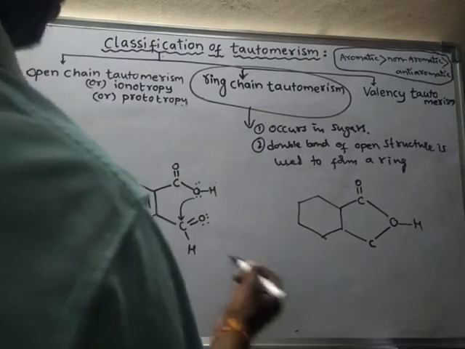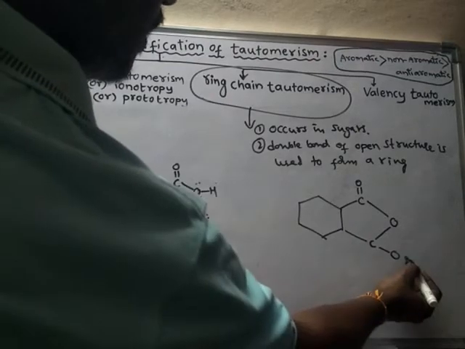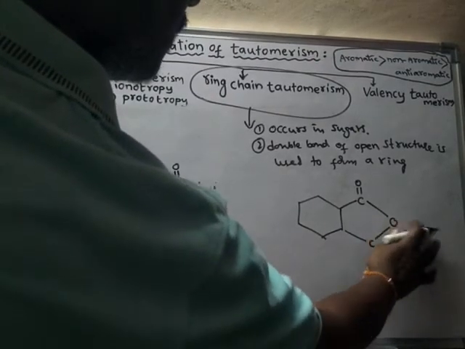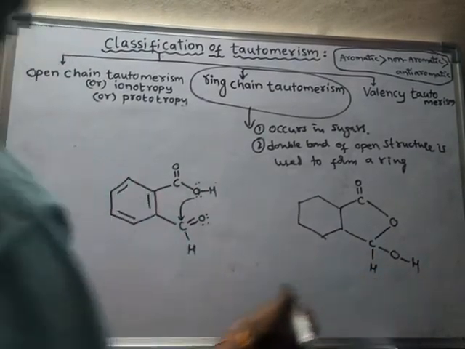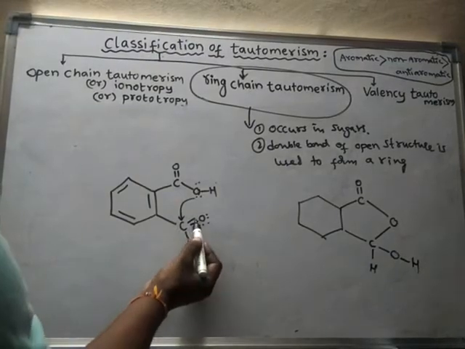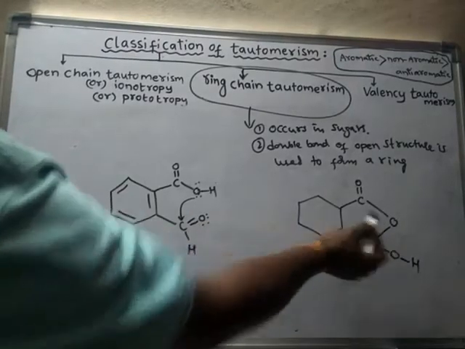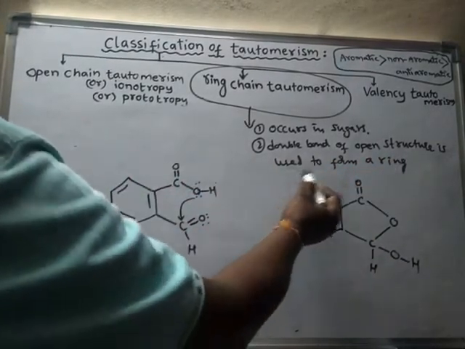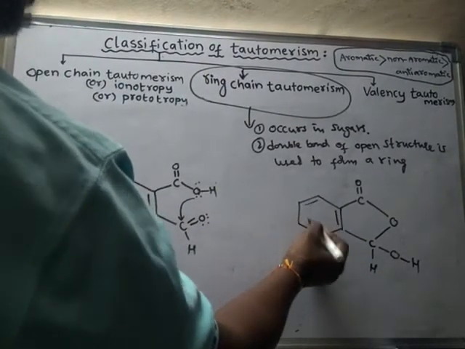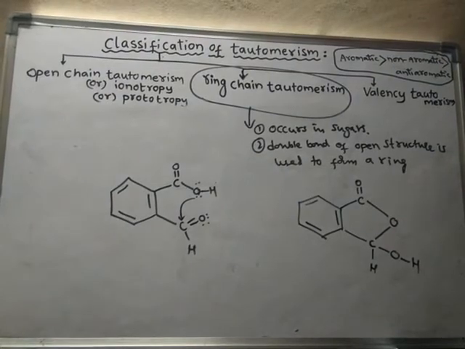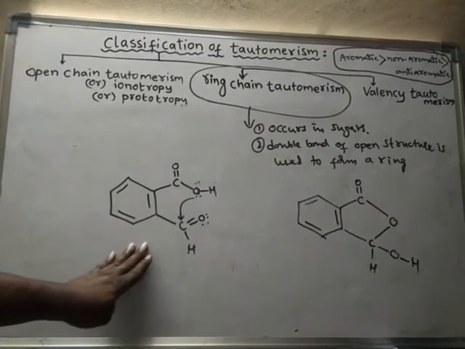Already here there is one oxygen, and the hydrogen should actually be present here. So it will move to this oxygen. And already hydrogen is present. See what is happening in this process. This double bond is used in the formation of a ring. So the double bond of the open structure is used to form a ring. So here this is the structure.